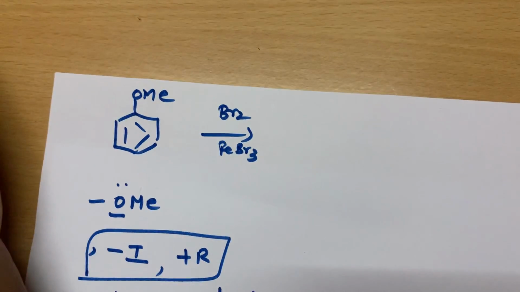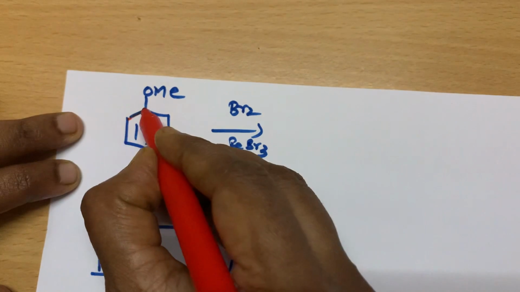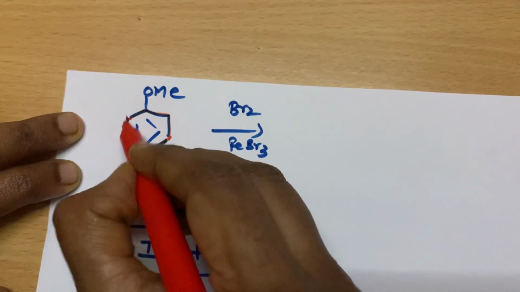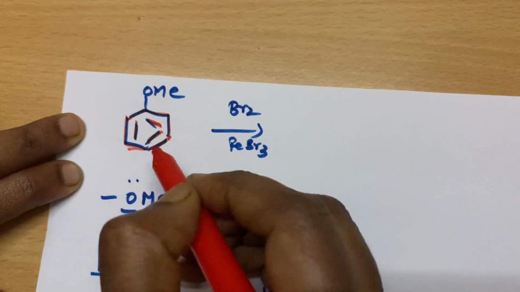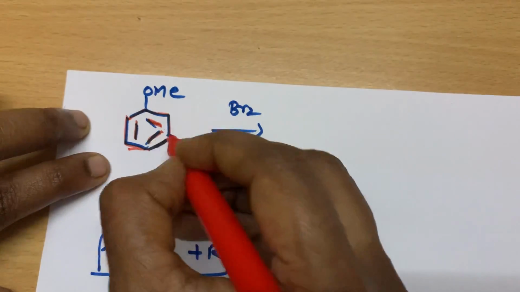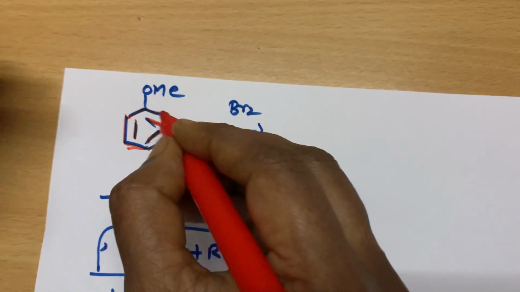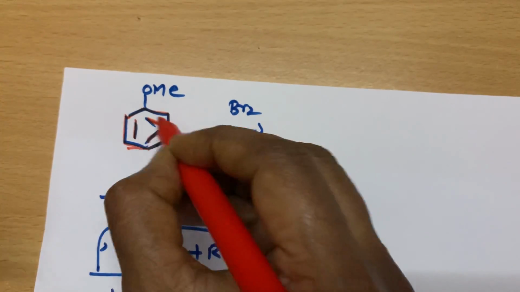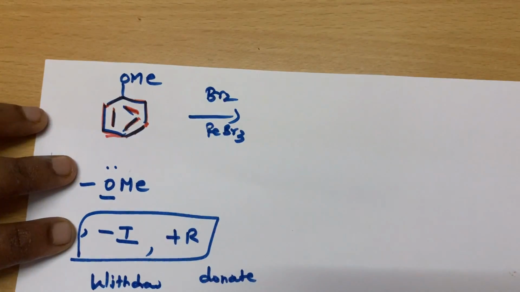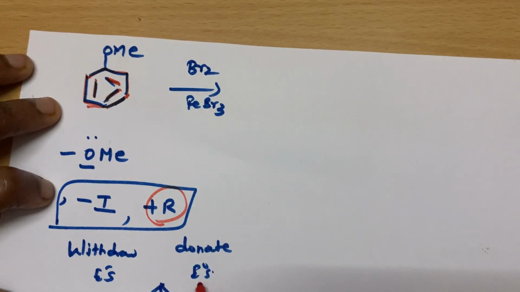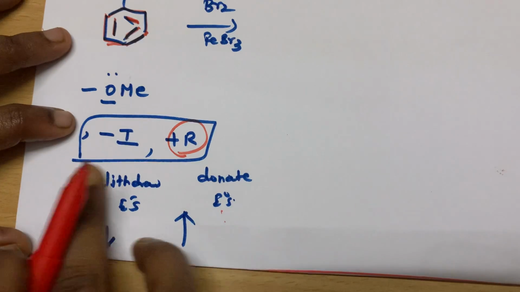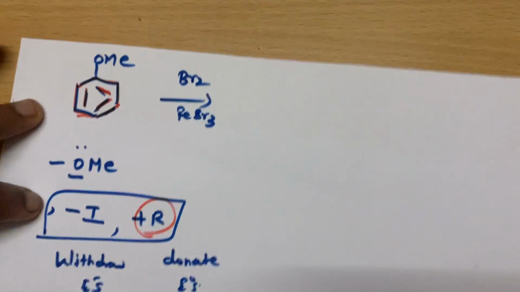See, in benzene the outer layer has sigma bonds, and inside you have pi bonds. In the sigma bonds, the inductive effect is happening, and in the pi bonds, the plus R effect. So always your resonance dominates. Due to this, it is going to donate electrons. See, the resonance is plus, so it will donate electrons.